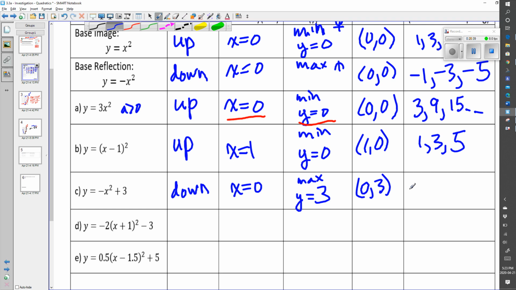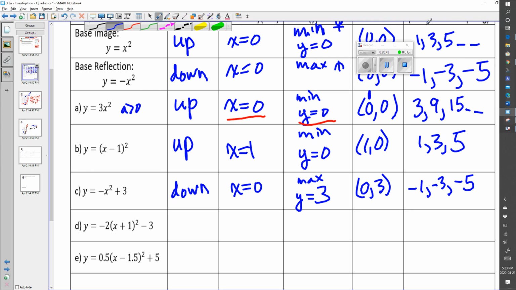Now, the steps for this one are still -1, -3, and -5. Now, if you want to think about it, our original graph, when it was opening up, was 1, 3, and 5. Now, the value that is sitting in front of the x squared term is +1.